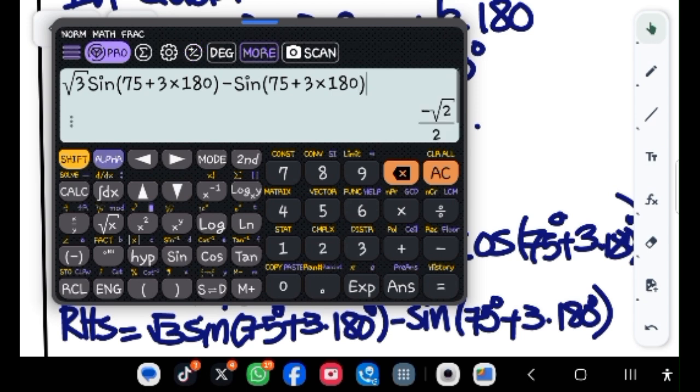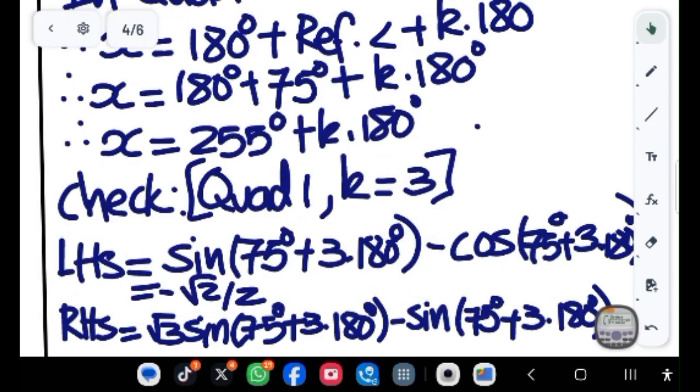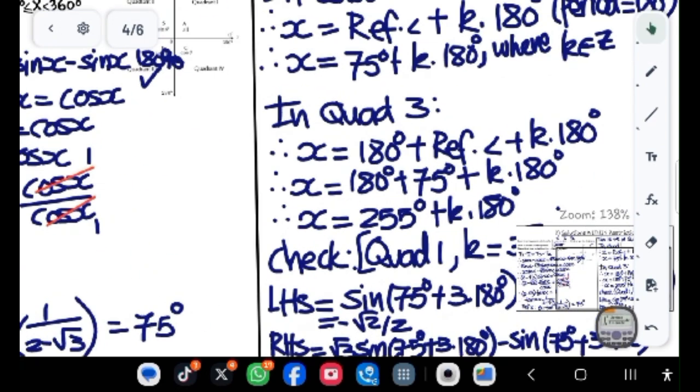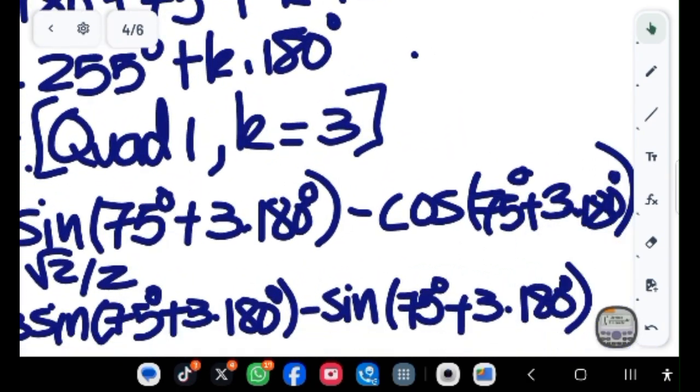And that should give us negative square root of 2 over 2. So the left hand side equals the right hand side. They both give us negative square root of 2 over 2.